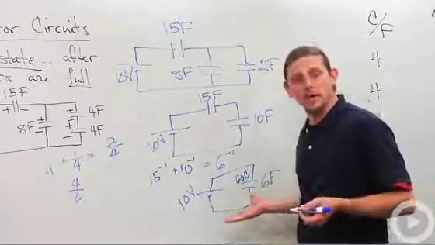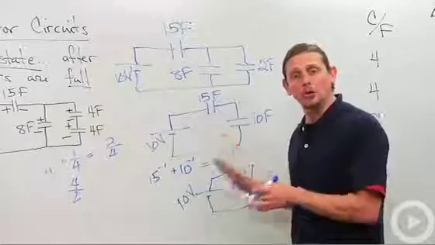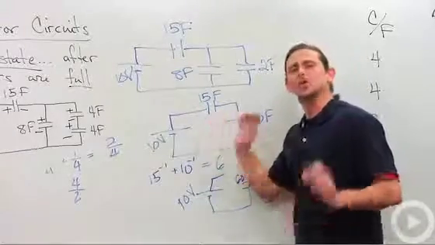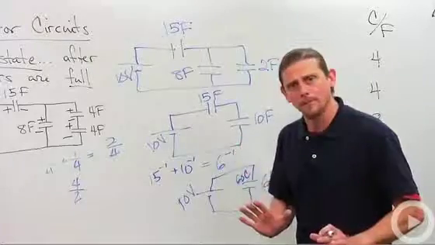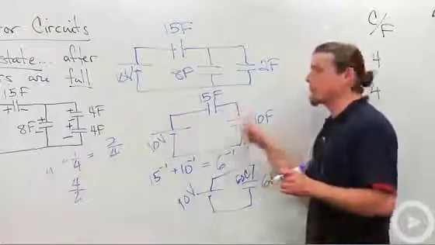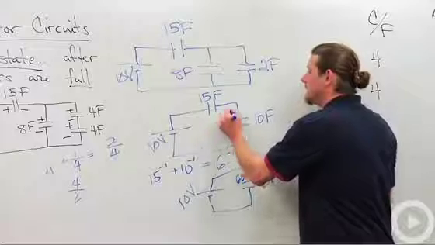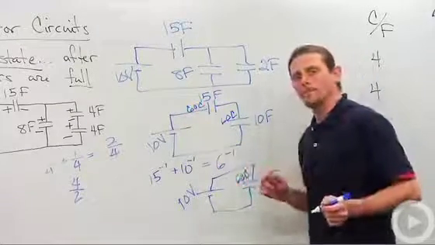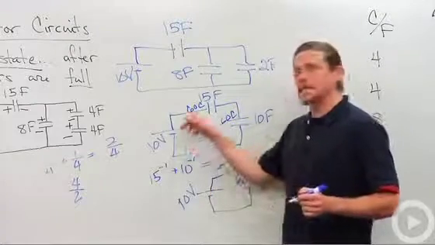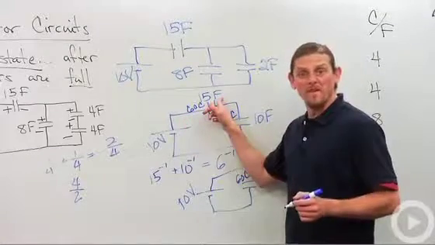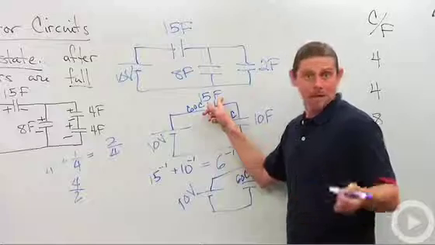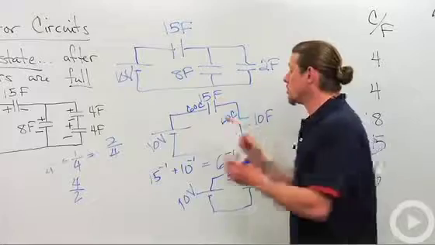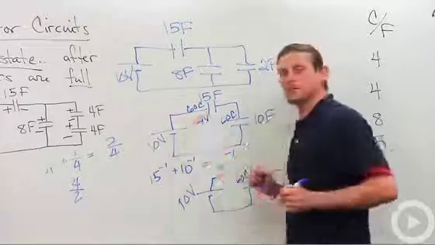And now we'll just reconstruct the circuit. I'll show you how to do this and then we'll look at the answers. All right, so in series, charge is the same. So that means that both of these capacitors have 60 coulombs. All right. Now, 60 coulombs with 15 farads, potential difference is Q over C. So this guy is 4 volts.